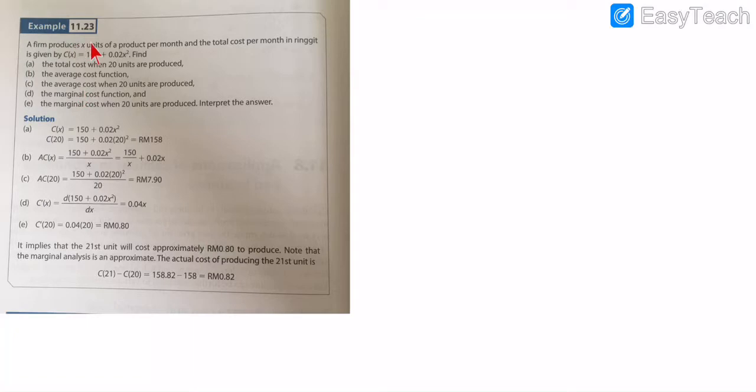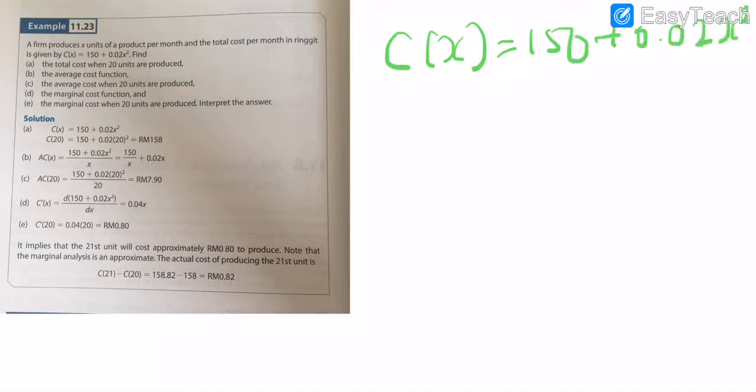The total cost per month in ringgit is given as this, meaning to say that C(x) equal to 150 plus 0.02x power of 2. This is what we call the cost function.